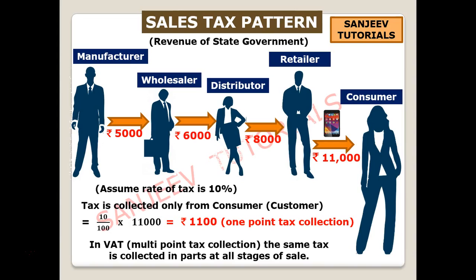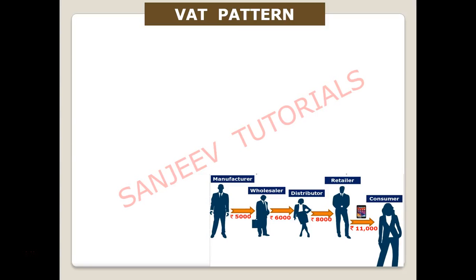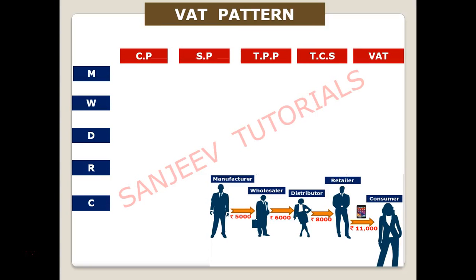So let's see how this process of VAT works. I have made a table where the letters marked in blue color boxes are M, W, D, R and C. They actually represent manufacturer, wholesaler, dealer, retailer and consumer.